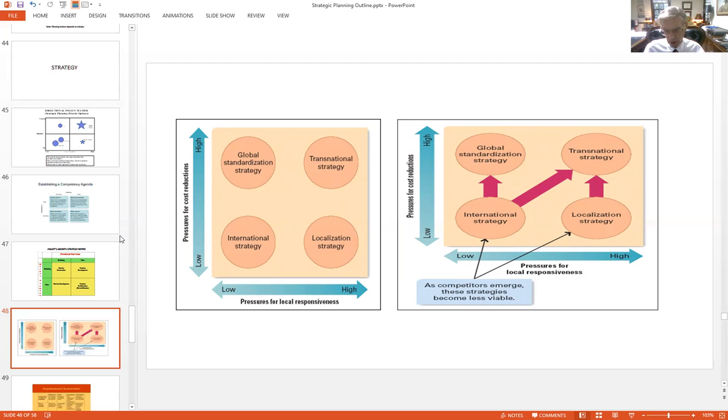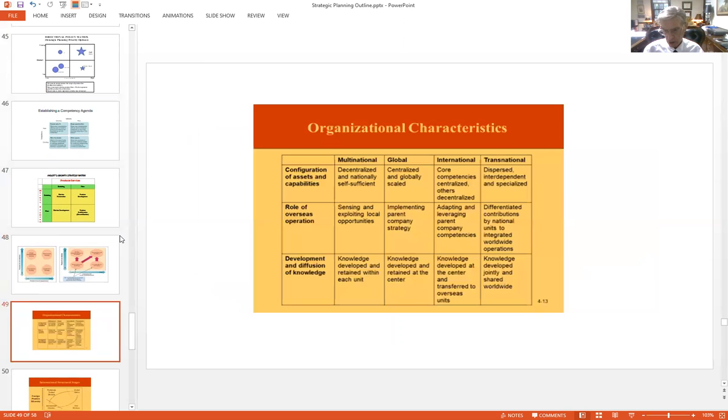And so some modifications are made. And as you can see in the graphic on the right, very often international becomes global, or transnational, and localization, sometimes called multinational strategies, also turn into transnational strategies.